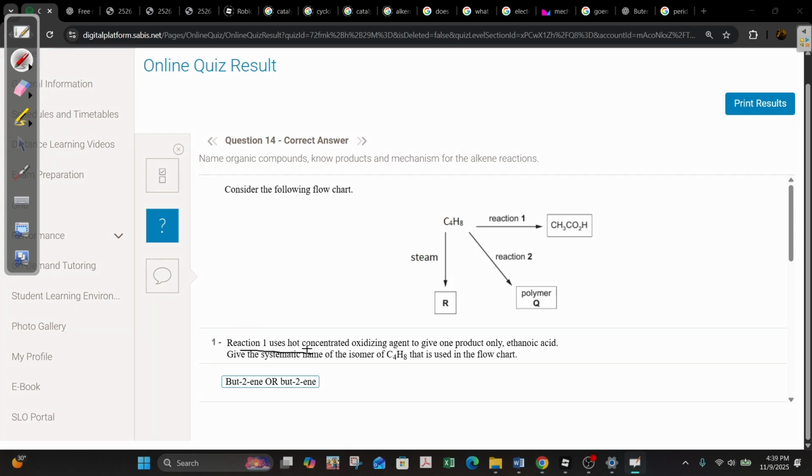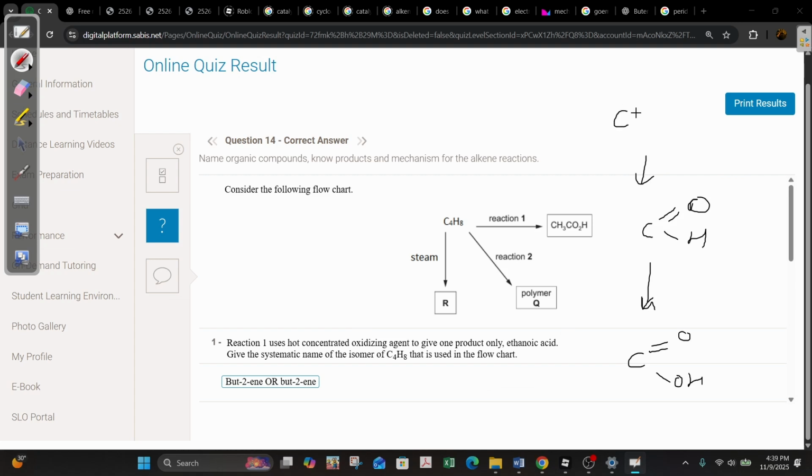Okay, next one. The reaction uses hot concentrated oxidizing agent to give one product only, ethanoic acid. Okay, let's backtrack. Ethanoic acid. Isn't this a carboxylic group? Right. But doesn't this come from aldehydes? Yes, it does actually come from aldehydes. From which group does this come?